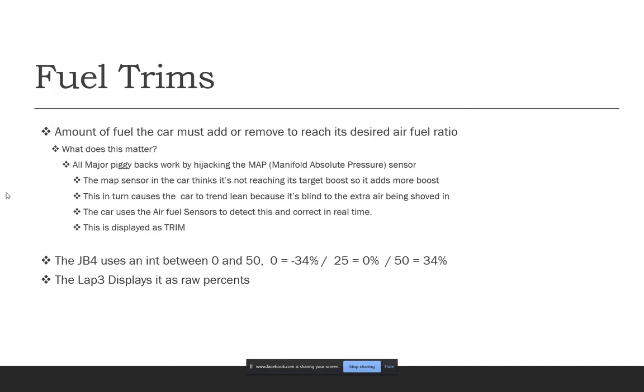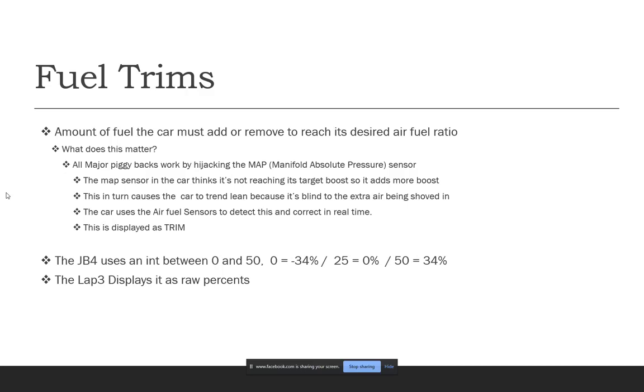Fuel trims. This is the other really, really important one here. The reason fuel trims are important is that fuel trims cause throttle close, and we'll show you that in some logs in a moment. All the piggybacks that intercept the MAP sensor, what they don't know is since the car thinks it's running, let's just say 10 psi for argument's sake, in reality the car's running 15 psi. That's 5 more psi the car has no clue is there.